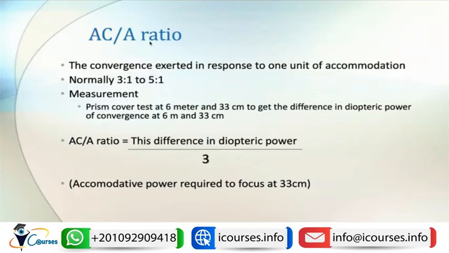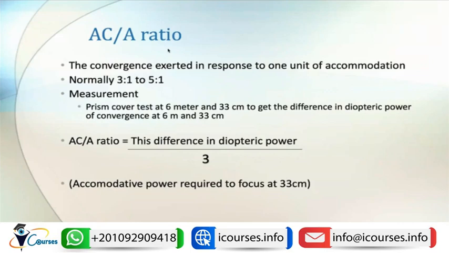This ratio is about 3:1 or 2.5:1. So for each one diopter of accommodation, there will be 3 to 5 prism diopters of convergence. This is in normal individuals. Sometimes there are individuals with higher than normal or lower than normal ratios.